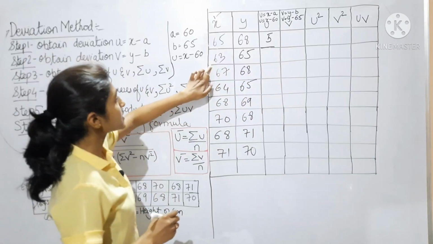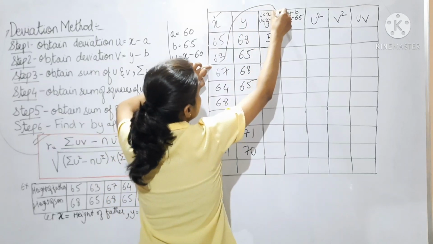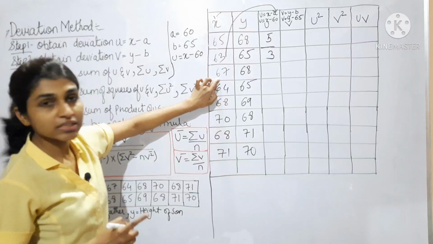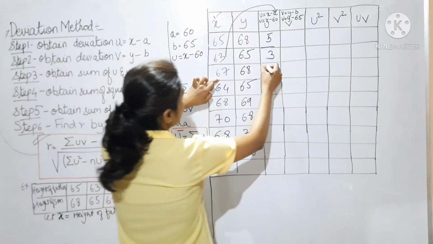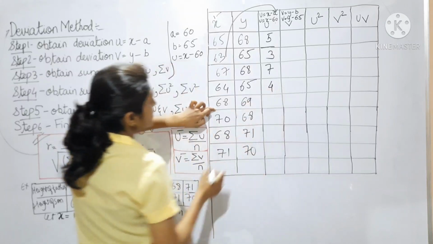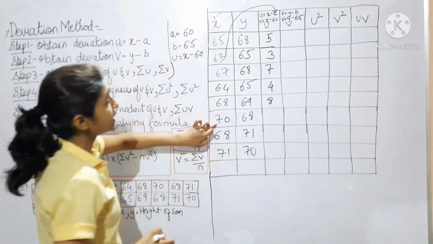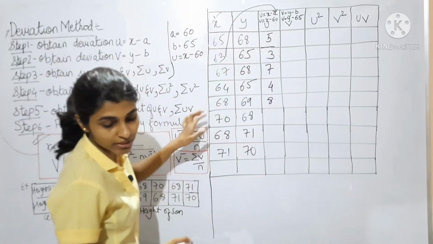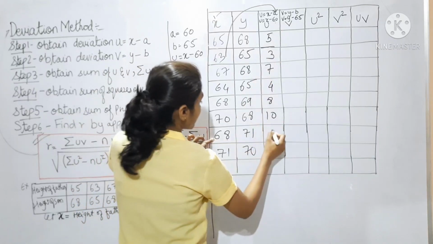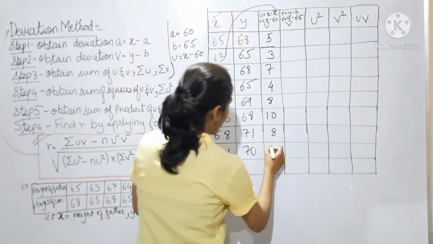Next, 63 minus 60, so 3. 67 minus 60, 7. 64 minus 60, 4. 68 minus 60, 8. 70 minus 60, 10. 68 minus 60, 8, and 71 minus 60, you get 11.